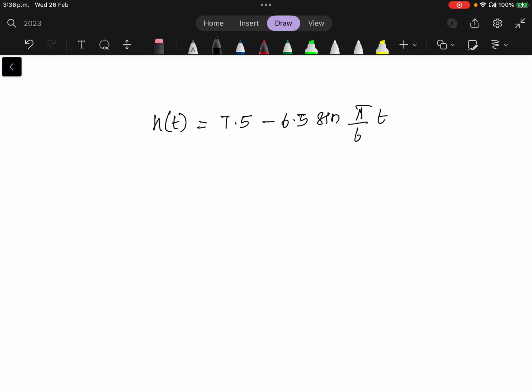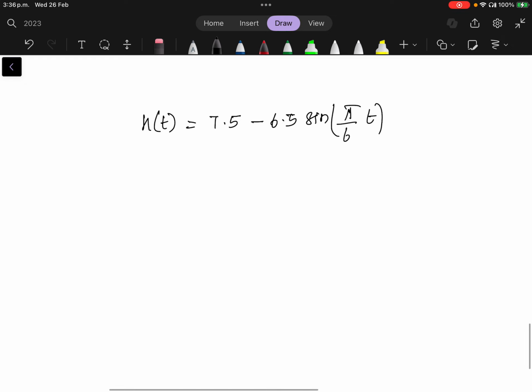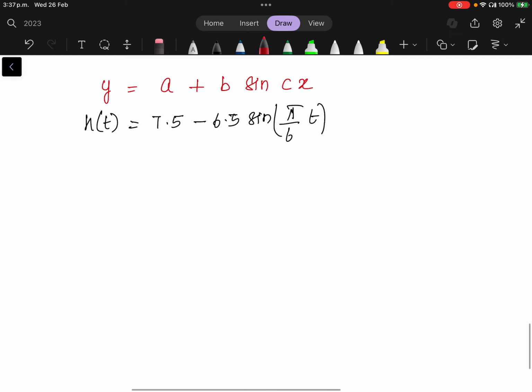As and when you see this, you should be able to recognize this is a sine curve and it just follows the equation we have learned, which is a plus b sine cx. If you want, you can write it down. A is equal to 7.5, B is equal to minus 6.5. Remember, you need to write it with a negative, and C will be equal to pi over 6. That's it. Half of the work is done.